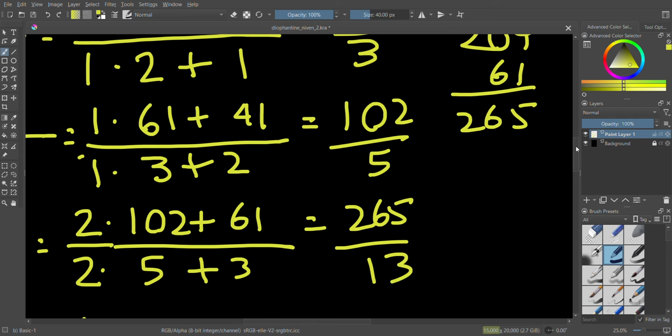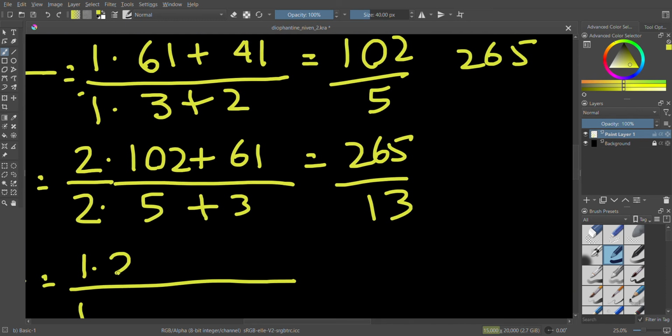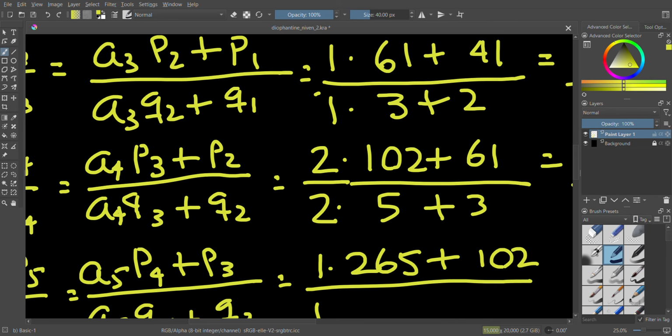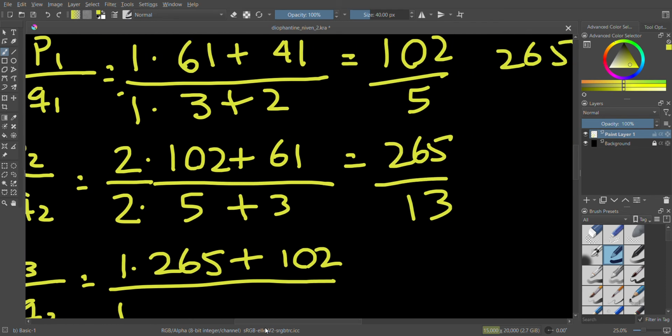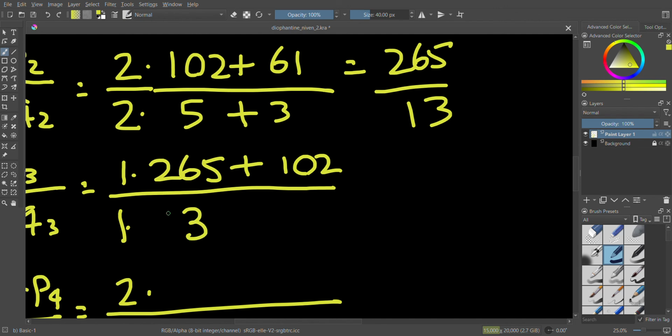So this is 13. And now this is 265 plus 102. Now I'm going to show the equations. This is all that I'm filling in. And then it's 13 and 5. So this is 18 and this is 367.